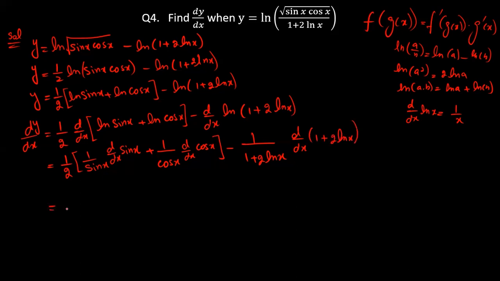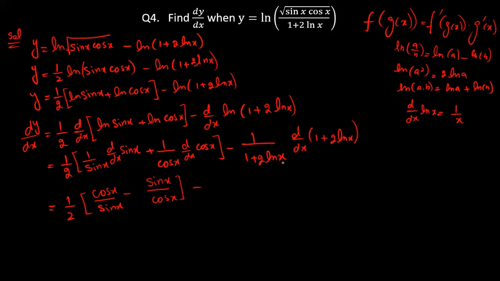In the next step, the derivative of sine x is cos x, so it will be cos x by sine x, plus the derivative of cos x, which is minus sine x, so I write minus instead of plus: sine x by cos x.